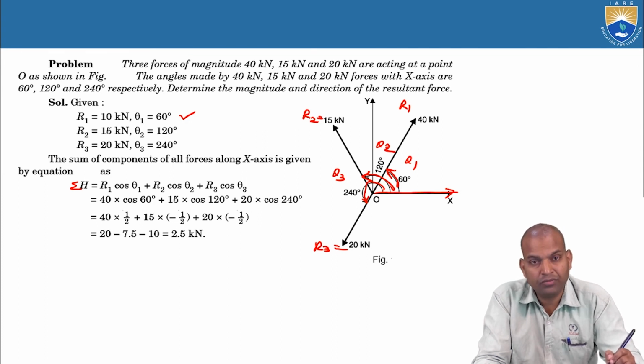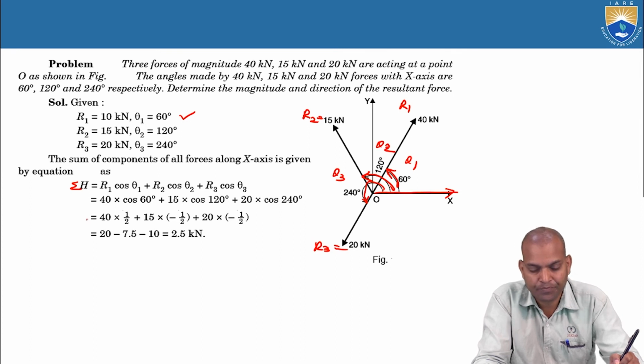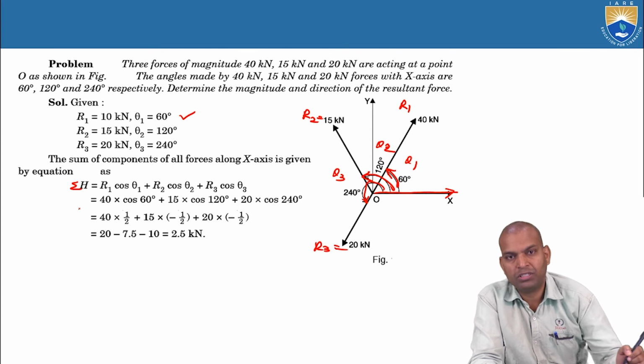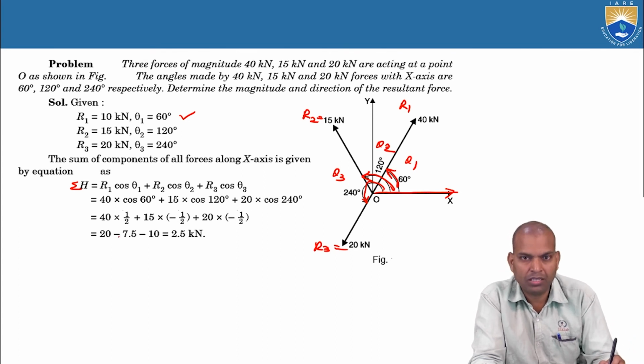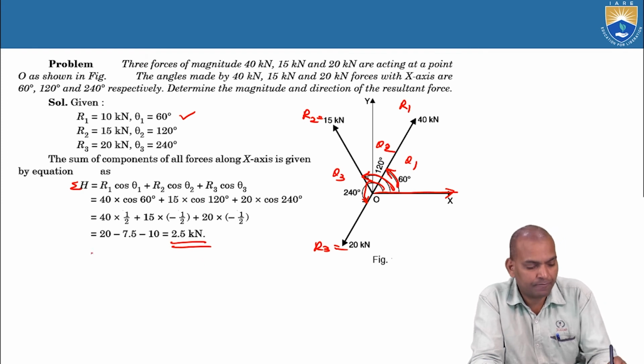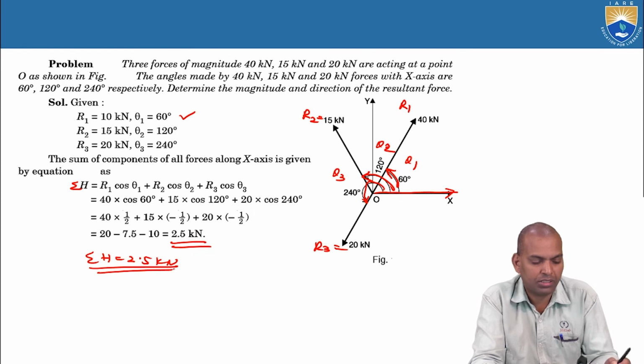We know R1, R2, R3 values, and theta 1, theta 2 and theta 3. Substituting in the expression, the obtained value is 2.5 kilonewtons. Sigma H equals 2.5 kilonewtons.